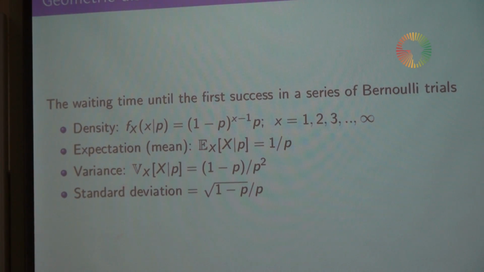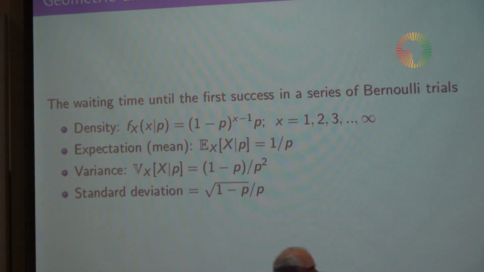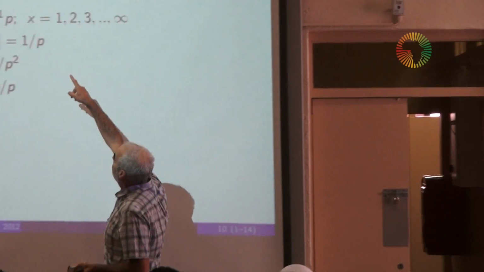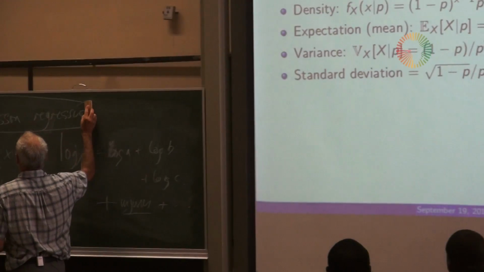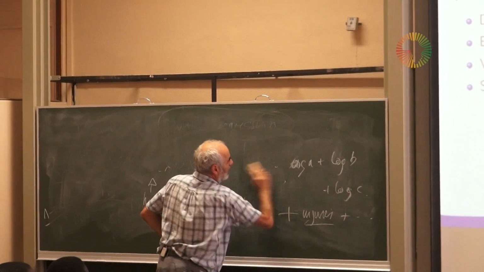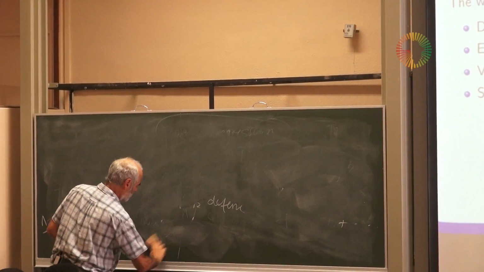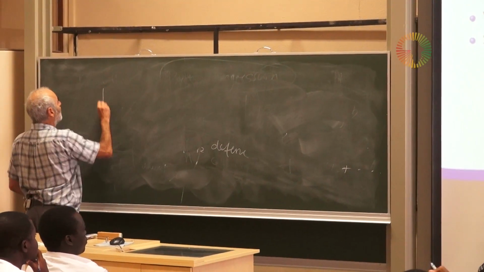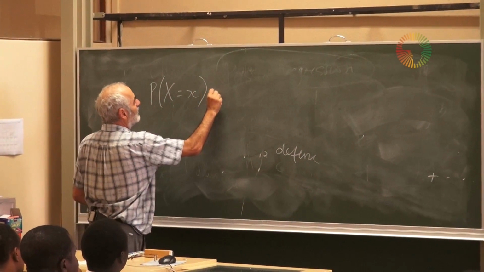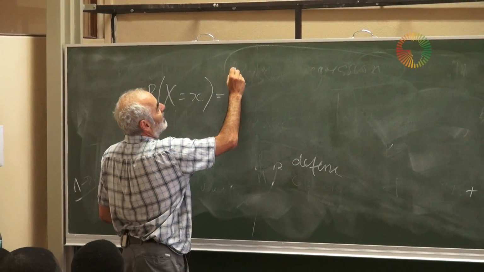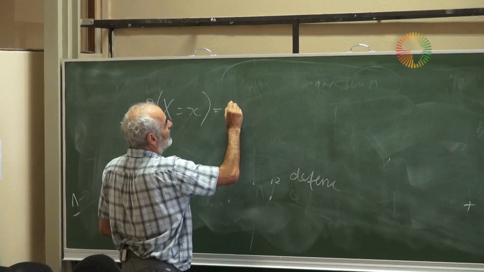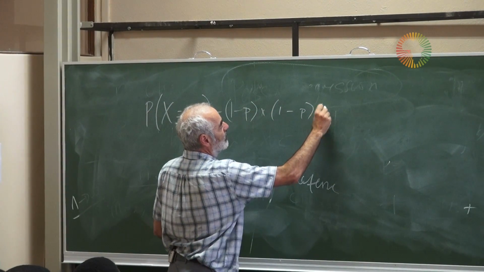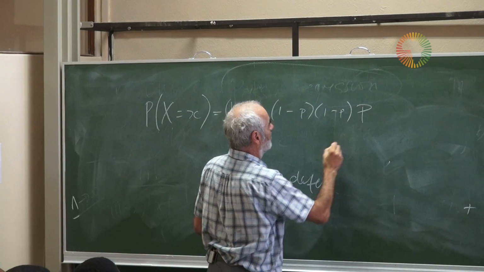Now, we can immediately see the form of this distribution, because if the first success happens in position x, the probability that X equals x equals the probability that there was a failure, and then another failure, and then another failure, and then finally a success.